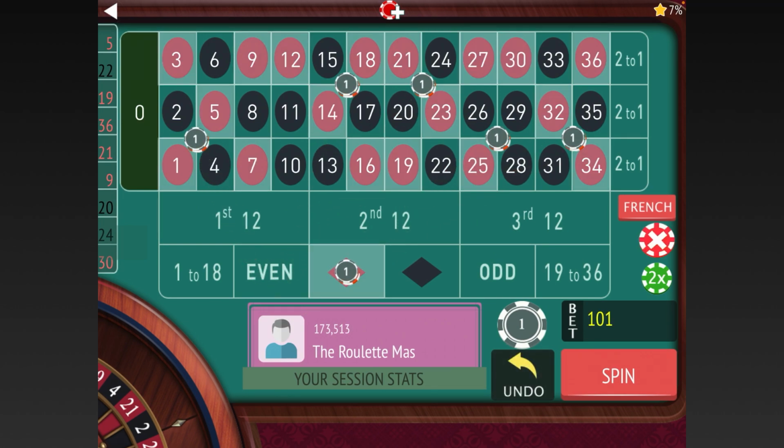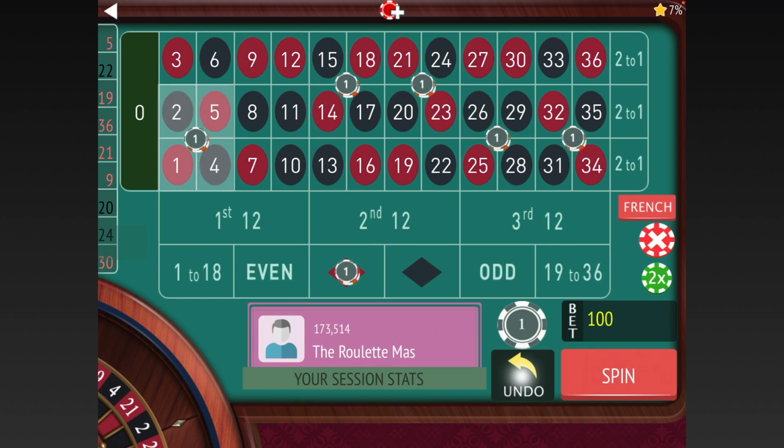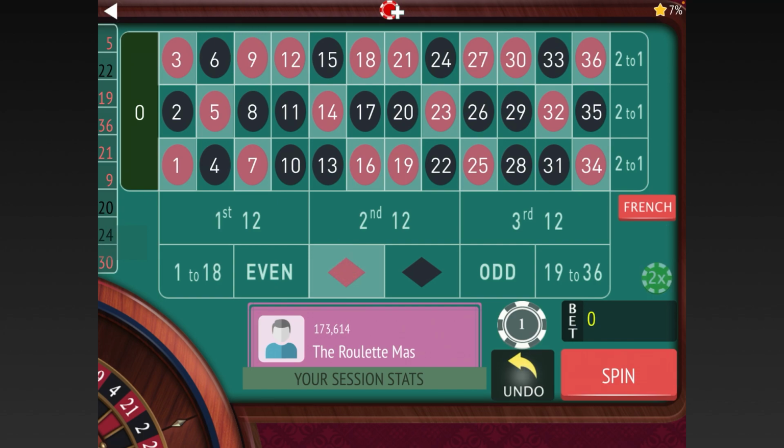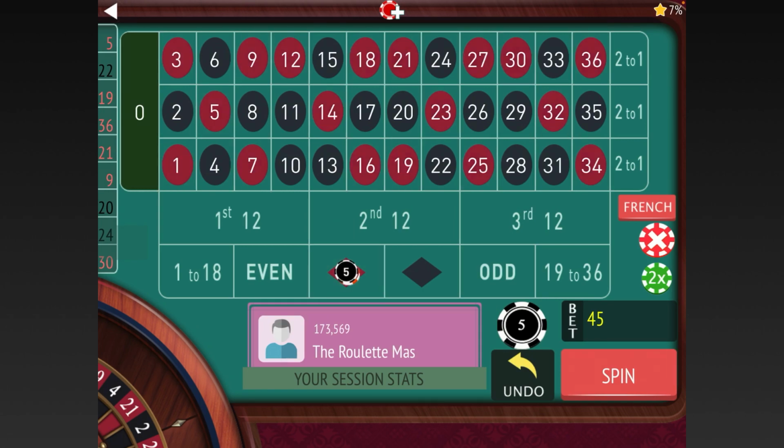So we were at 50 and 10. So that means we go back 1 unit to 45. And 8.